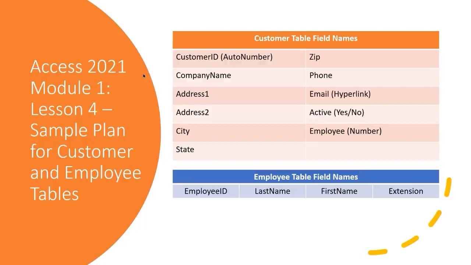Now, in our customer table, we made the employee field, which is going to map to the employee ID field in the employee table. We made that a number field because if employee ID is auto number, when it's referenced in another table, you can't also make it auto number or it creates a conflict. So you have to make it number.